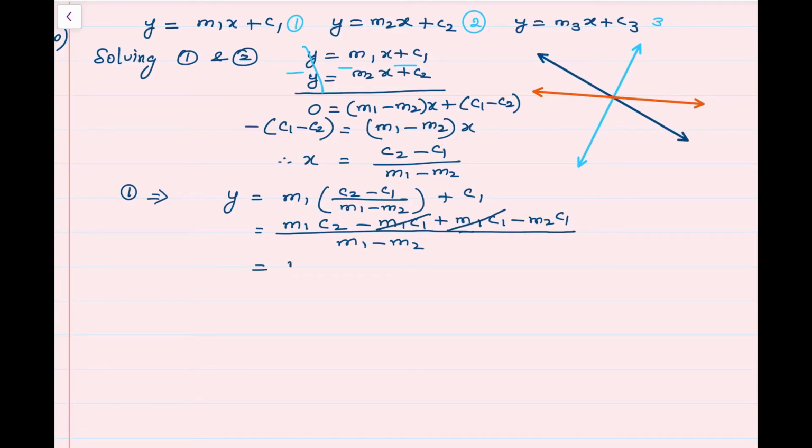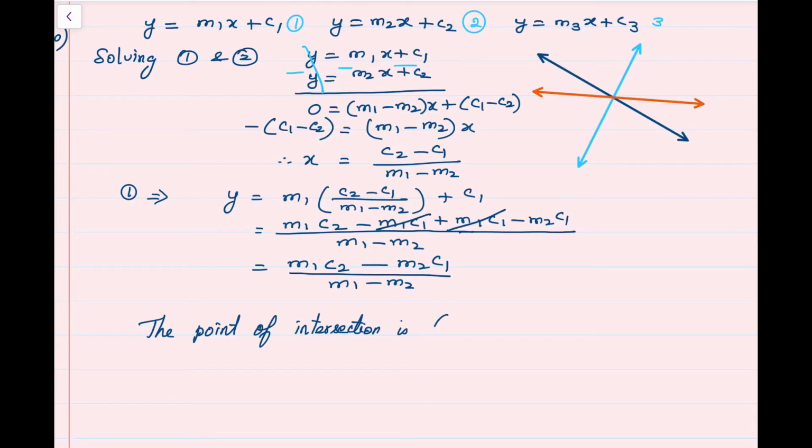Therefore, the y coordinate is m1 c2 minus m2 c1 upon m1 minus m2. Therefore, the point of intersection is the x coordinate is c2 minus c1 divided by m1 minus m2 and the y coordinate is m1 c2 minus m2 c1 divided by m1 minus m2.